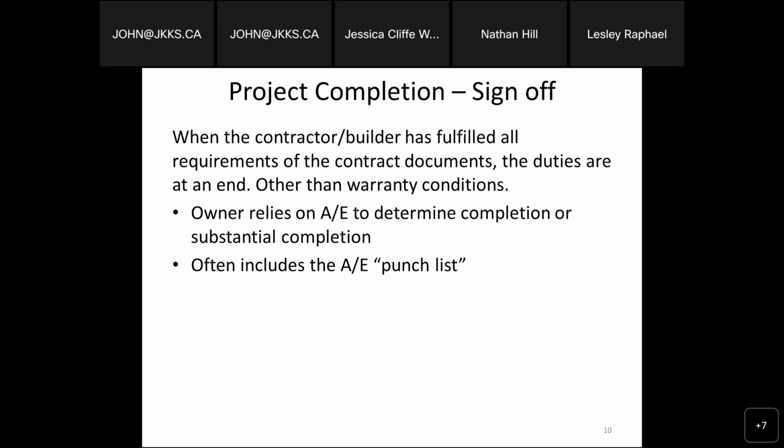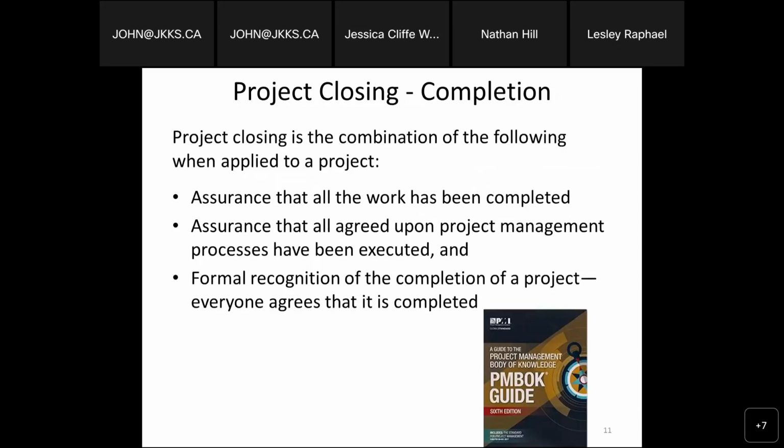So when we take a look at it, what really is project closeout and project completion? One of the fields of study is the project management body of knowledge.